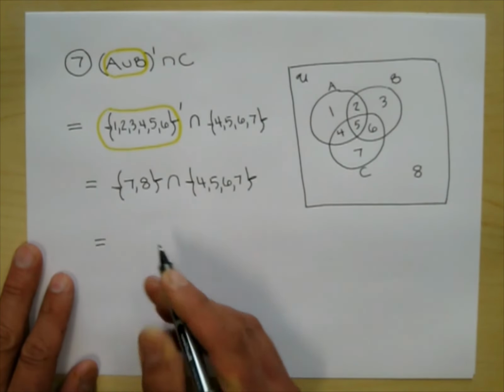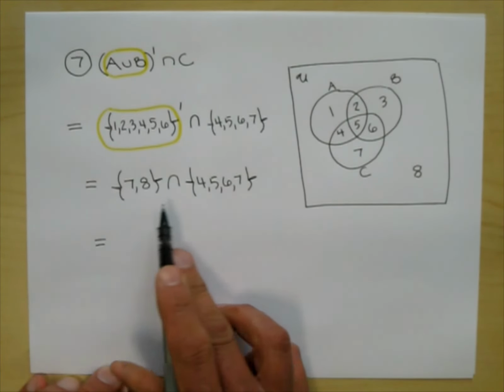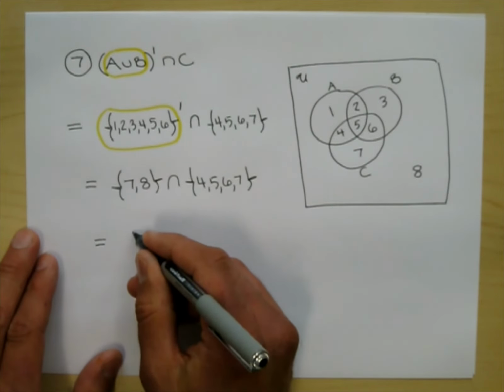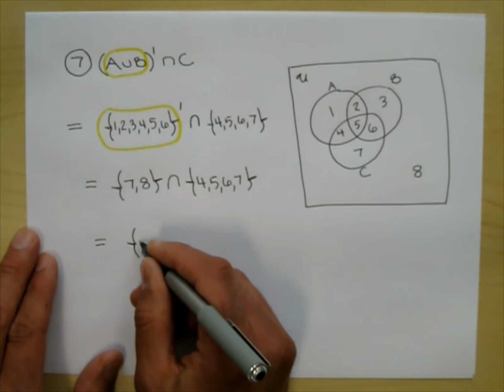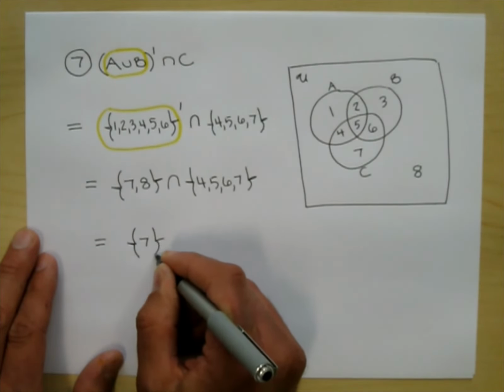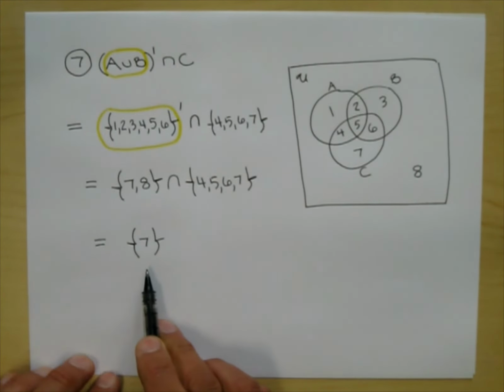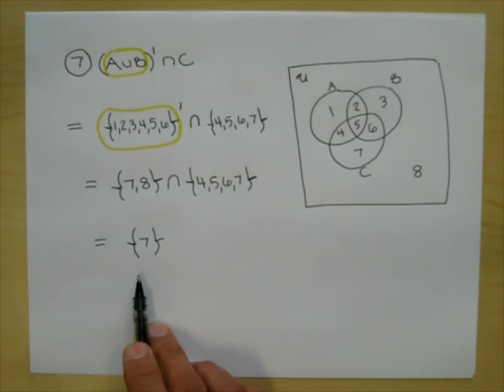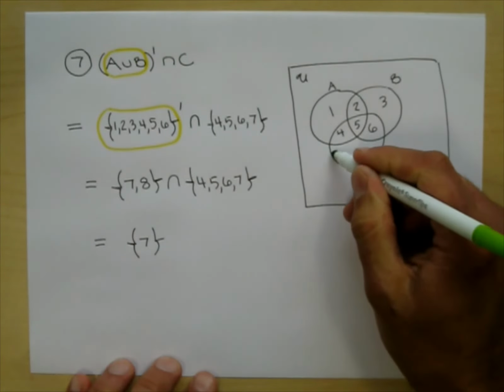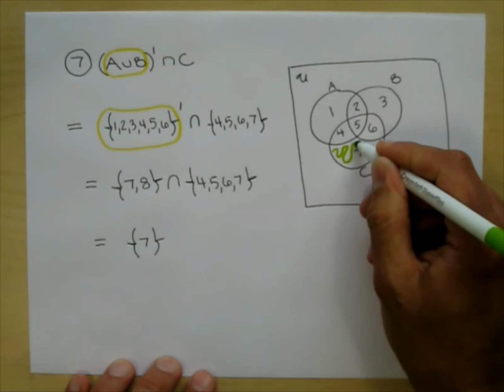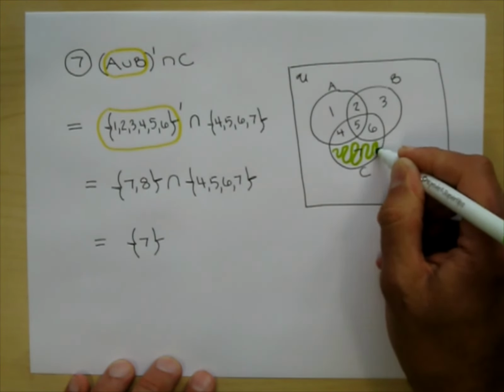And now the intersection, the common elements in both sets, would happen to be 7. So 7 is the thing that we want to shade. And that's the only one in this problem. So here is region 7 here.